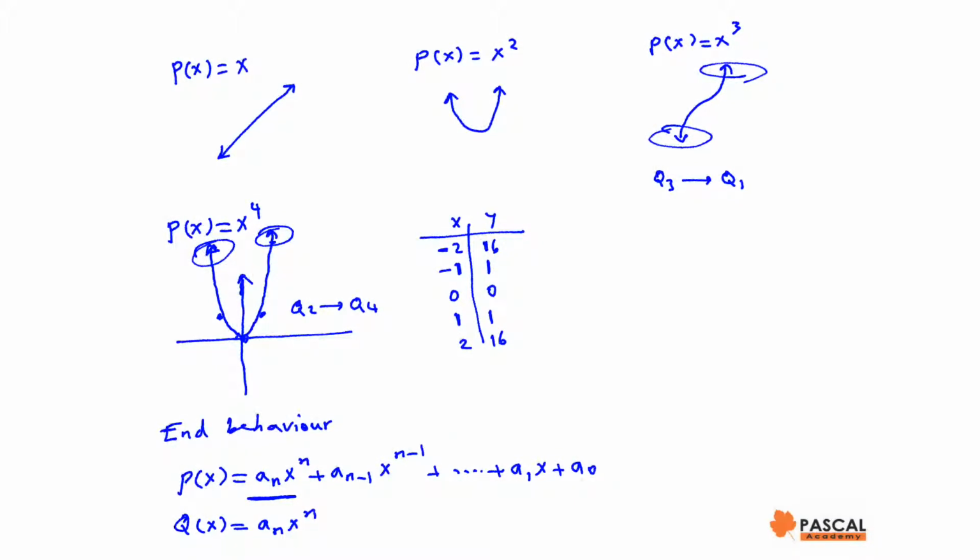The end behavior of a polynomial function is exactly the same as the end behavior of the monomial containing the dominant term.